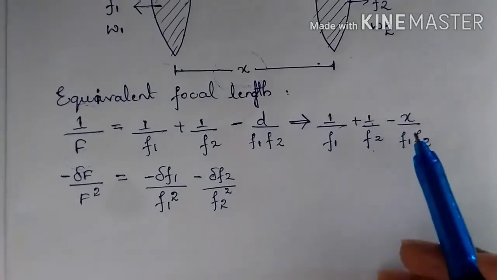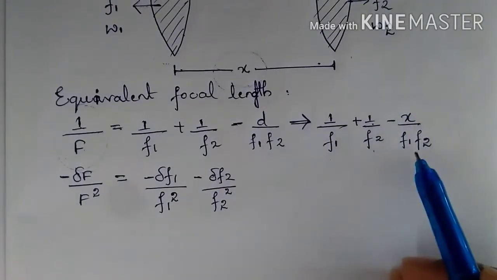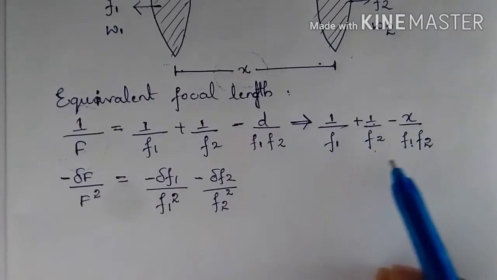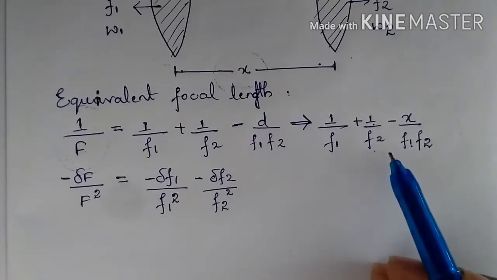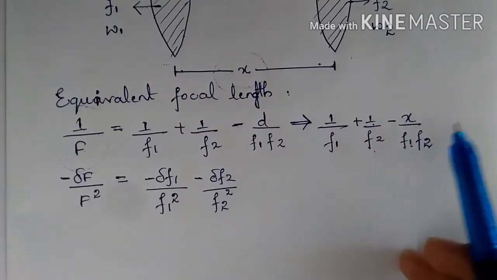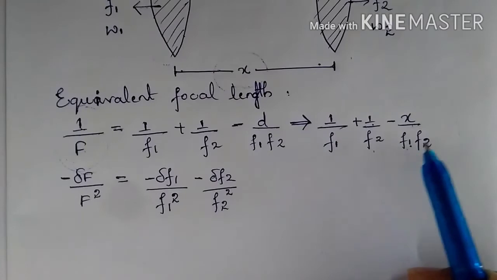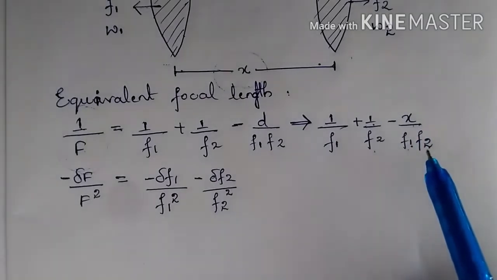And here you have the term that is minus x divided by f1 f2. So separate this term in terms of u and v. Let u be 1 by f1 and v be x by f2.